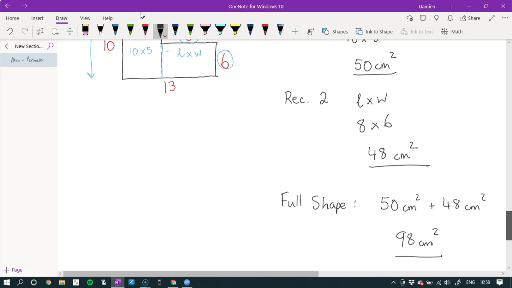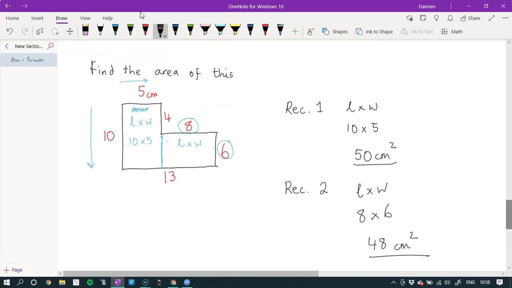You could, of course, have broken that up a slightly different way. So, let's say we get rid of some of this in here. And let's see, is there another way of actually breaking this up? Let's have a go of it. So instead of drawing the line all the way across the bottom, maybe we could have put it in a different place.